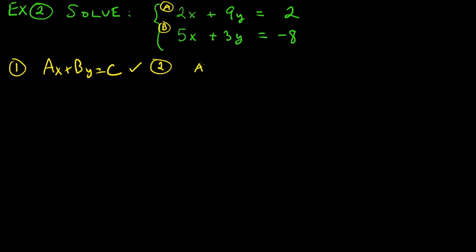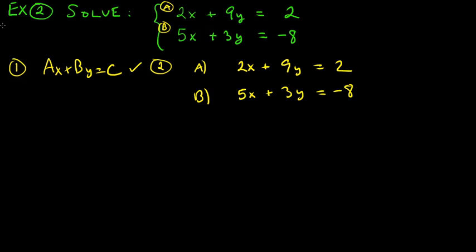So equation A was 2x plus 9y equals 2. And equation B is 5x plus 3y is equal to negative 8. So there it is again. I'm just copying it down. Okay, so if we want to eliminate y, what do we need to do? We need both coefficients to essentially match the same number, but opposite in sign.